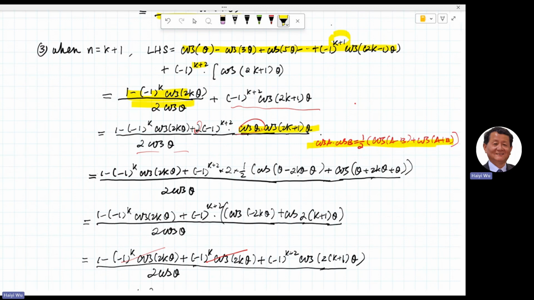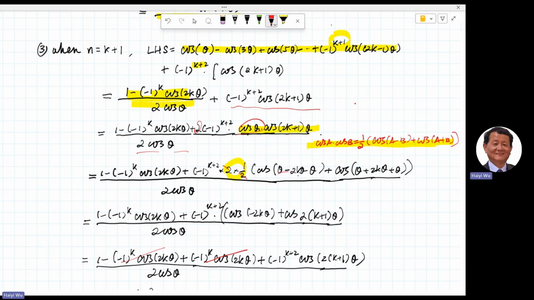So I'm going to do 2 times half, giving cosine (A minus B) plus cosine (A plus B). The 2 cancels with the half, so it'll be negative 1 to the power of k plus 2.